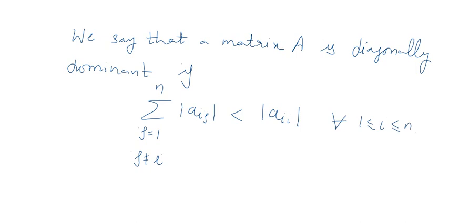So we say that a matrix A is diagonally dominant if the following condition is true.